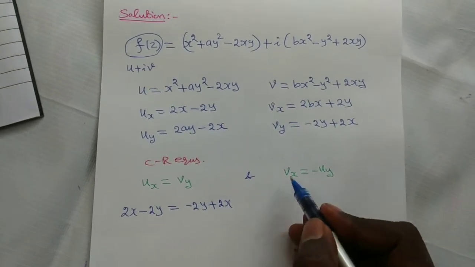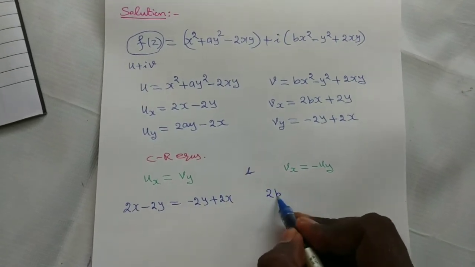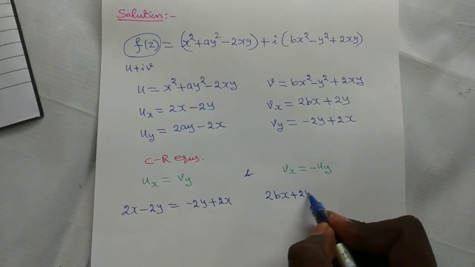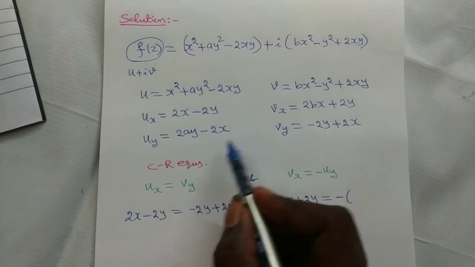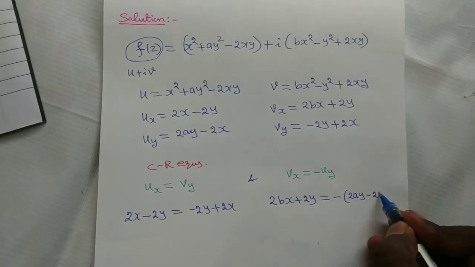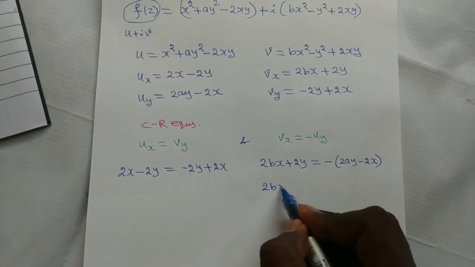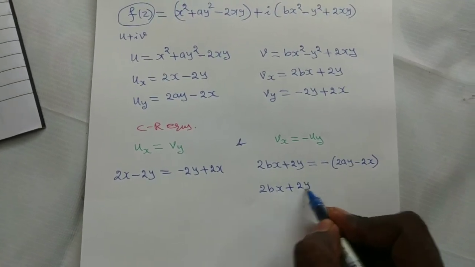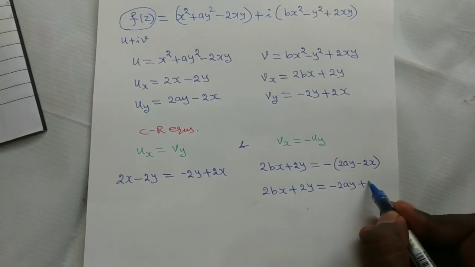Now vx. Where is vx? This is vx: 2bx plus 2y is equal to minus uy. Where is uy? This is uy: 2ay minus 2x. So 2bx plus 2y equal to, multiplying by minus, minus 2ay plus 2x.